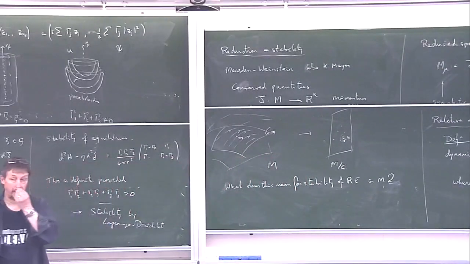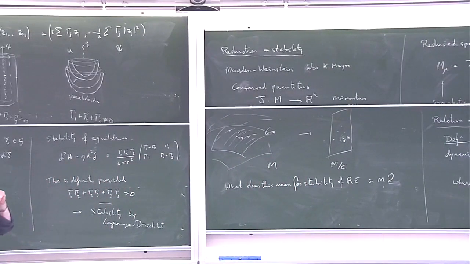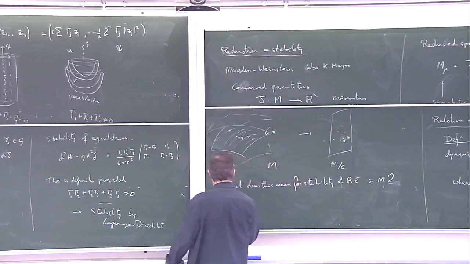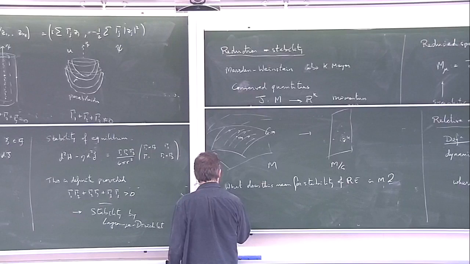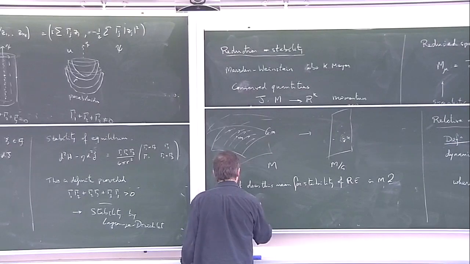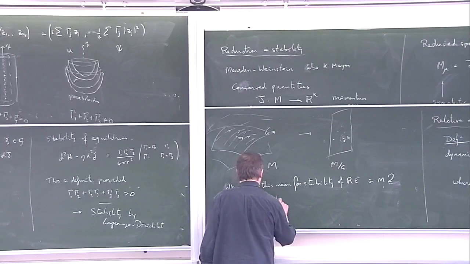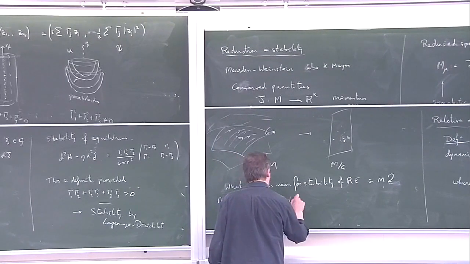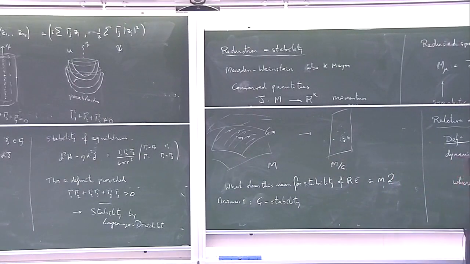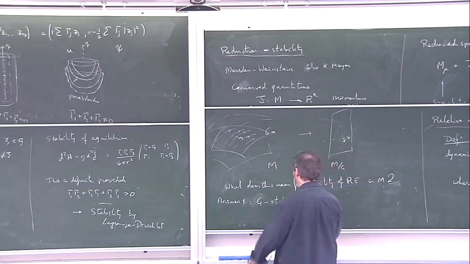I'll answer this and then I think I've finished. So answer 1 is G stability. What do we mean by G stability, or G Lyapunov stability?